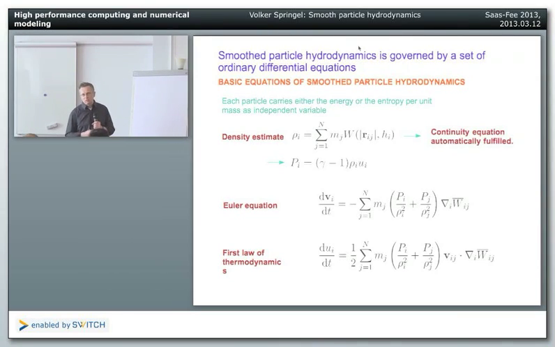So every particle has its own smoothing length, and it's allowed to shrink dynamically if, for example, the gas particles cluster. So that's generically done. Otherwise, you cannot really exploit the adaptivity of SPH.